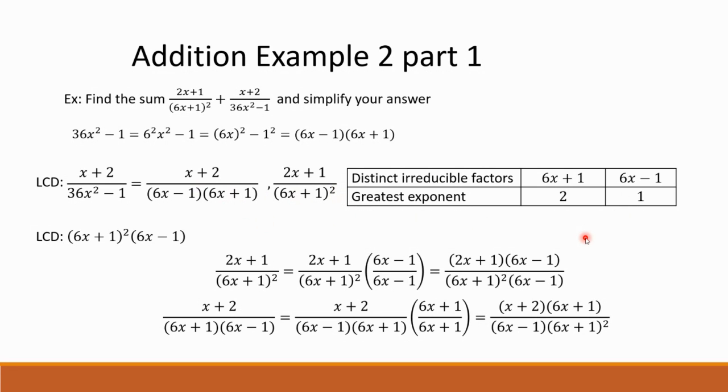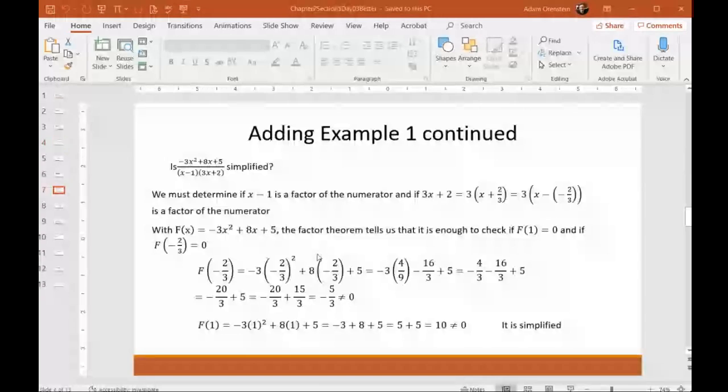So because of that, the greatest exponent is 2. So what's our LCD? The LCD is this product: 6x plus 1 squared times 6x minus 1. That's what we get here.